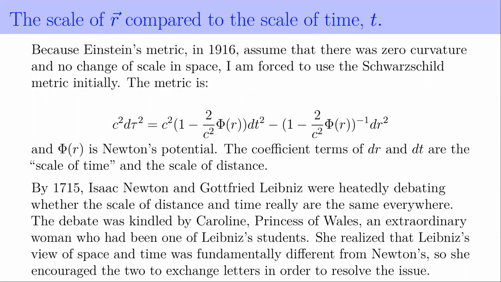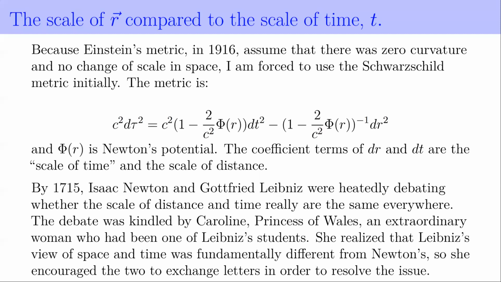So the Schwarzschild metric is that proper time is c squared times 1 minus 2 over c squared times the Newton potential of R times dt squared, minus 1 over 1 minus 2 times Newton's potential, times dr squared.